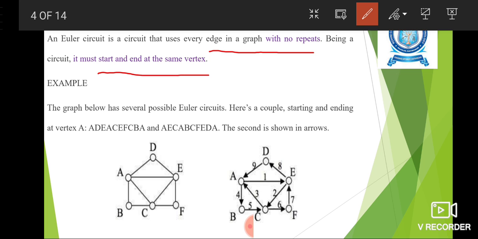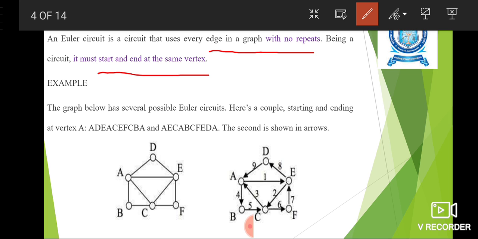So we move with one example. The below graph has several possible Euler circuits. For example, assume the starting vertex is A. As I told, if it is Euler circuit, we have to reach the same vertex again.